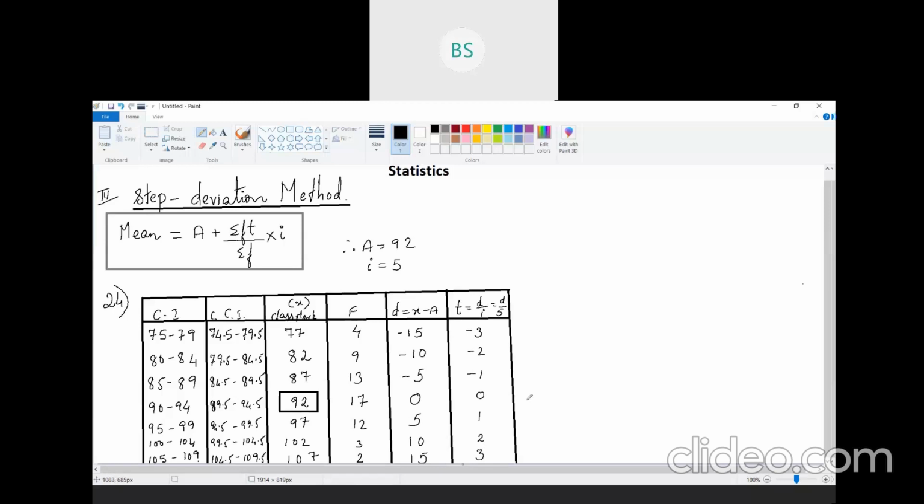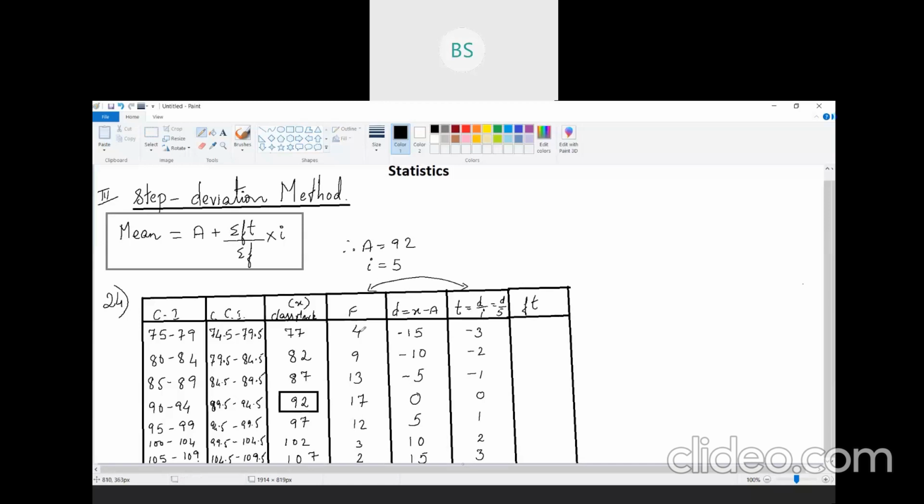Right? So once we find t, we have the last column, that is f into t. That is frequency multiplied with the t column. These two columns.